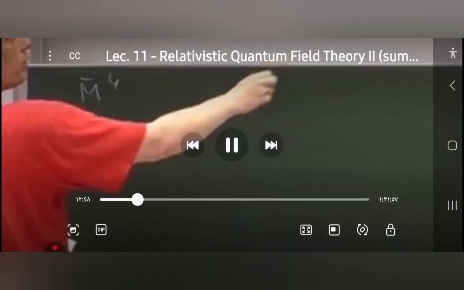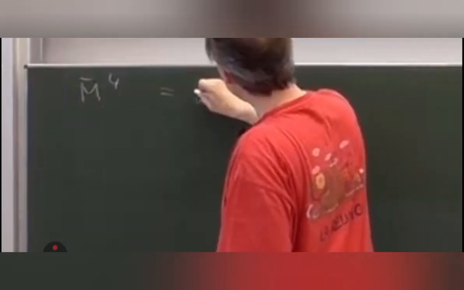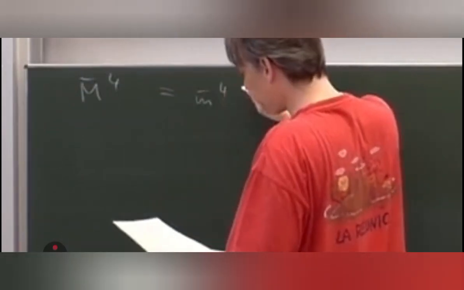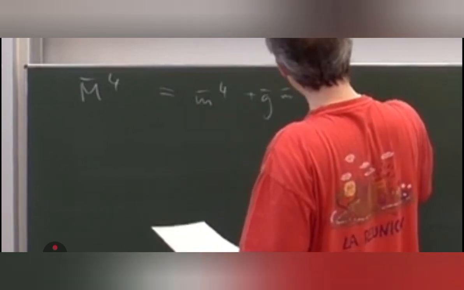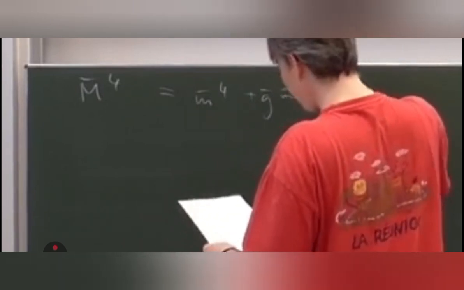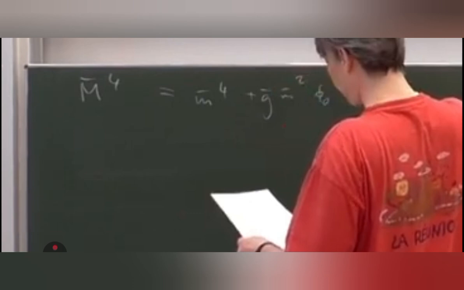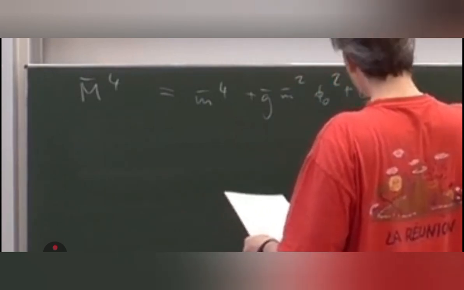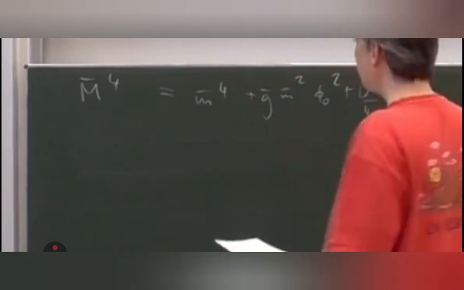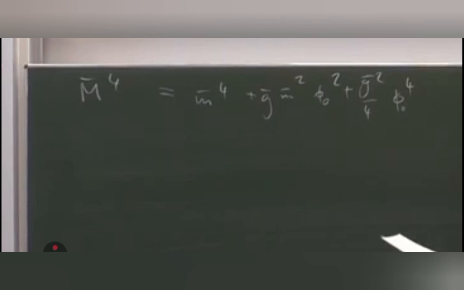So we must now use that m bar to the 4th power has the following value. It is small m bar to the 4th power plus g bar times m bar square times phi 0 square plus g bar square over 4 times phi 0 to the 4th power. That is just inserting the definition.